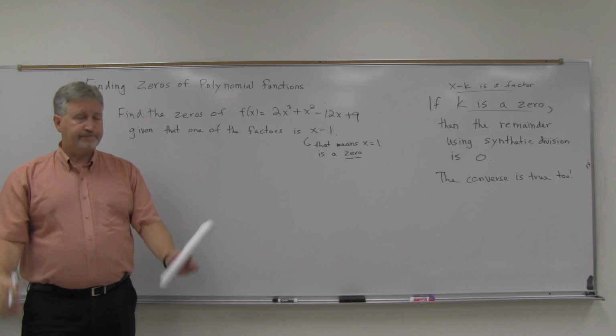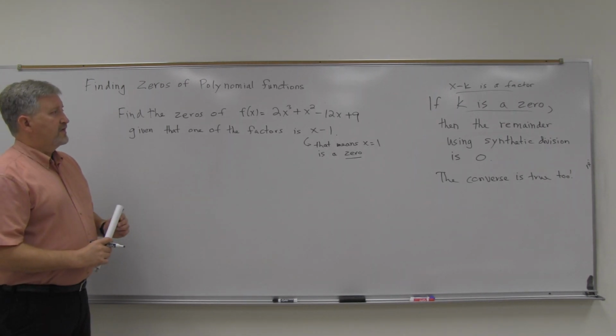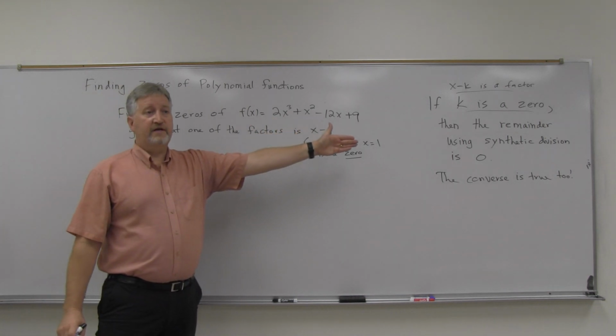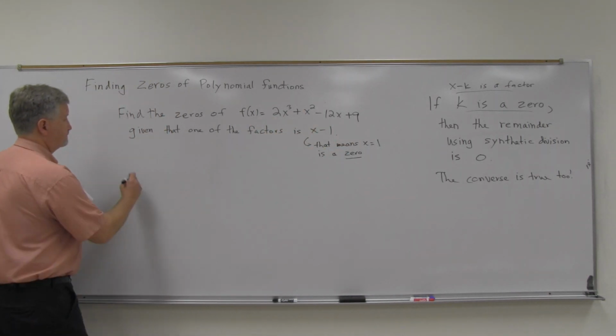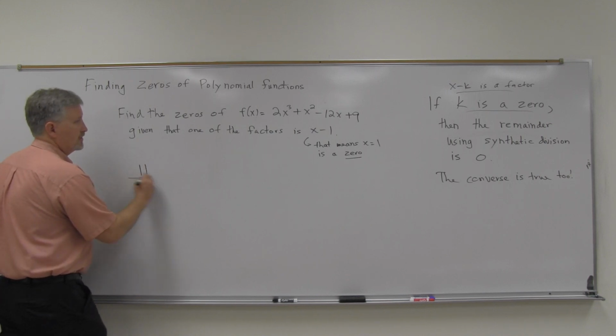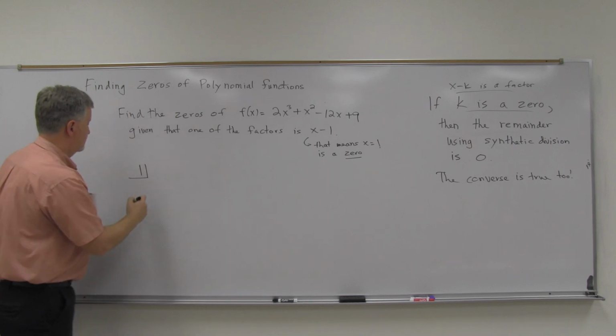So this is good. If 1 is a 0, then let's plug it into our synthetic division, and that confirms it. So again, we're going to use this 1, not minus 1. I'm going to use the 1.